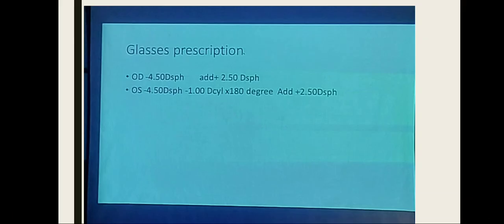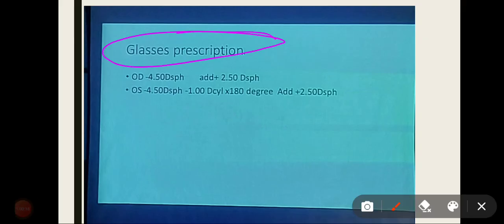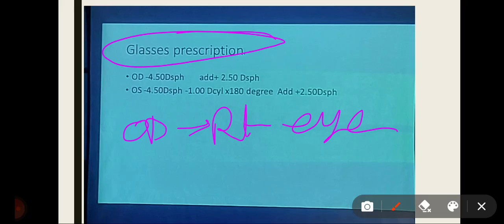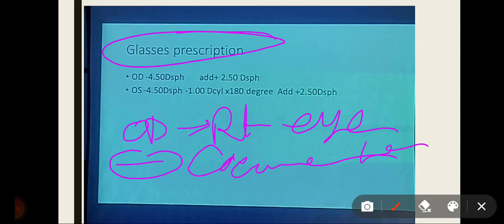Next is the glass prescription. A glass prescription reads: OD minus 4.5 diopter spherical. OD means the right eye. Minus is for a concave lens, D is the power, and SP is for spherical.